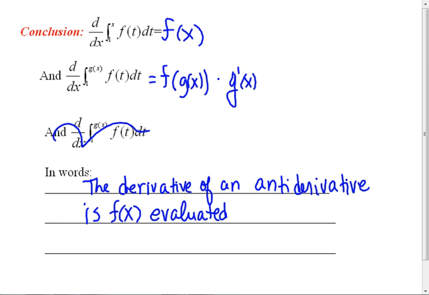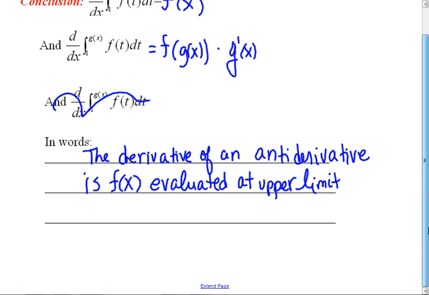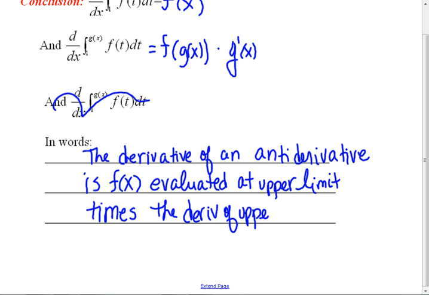We'll hit on this again tomorrow. And then, I'm going to take this, I'm going to put g of x into my function there, so I'm going to evaluate f of x there, or f of t actually, and then I'm going to multiply some of these times the derivative of the upper limit. That's all it does. Derivative undoes an antiderivative.